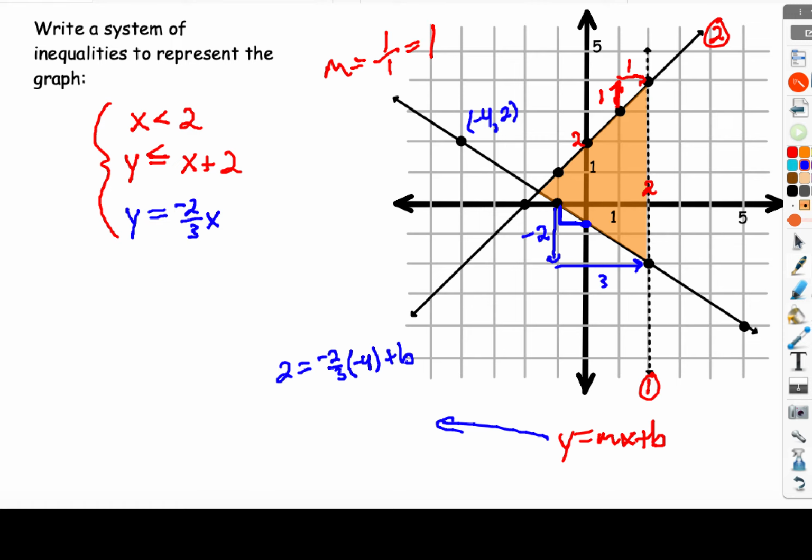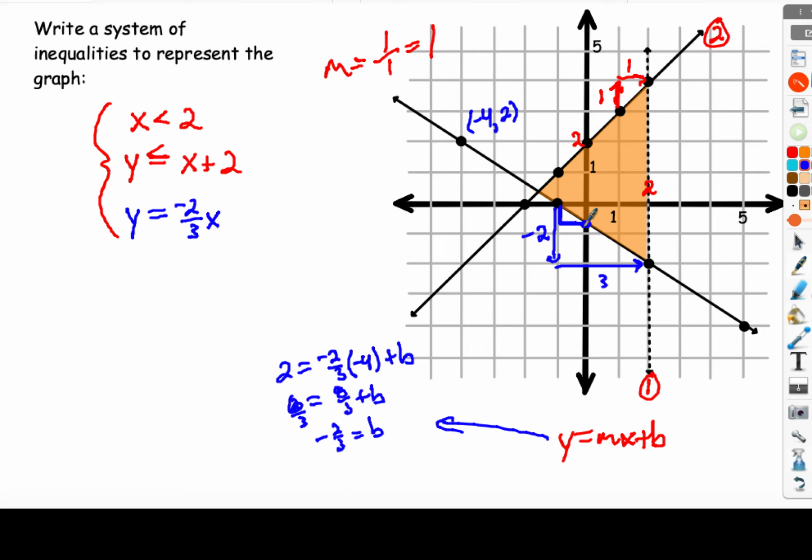Well, in that case, this is 2 equals negative times negative will be positive 8/3 plus b. And if you do a little calculator work, or just do it in your head, 2 is the same thing as 6/3. So if I subtract that 8/3, I'm going to get a negative 2/3, which is kind of what we thought.